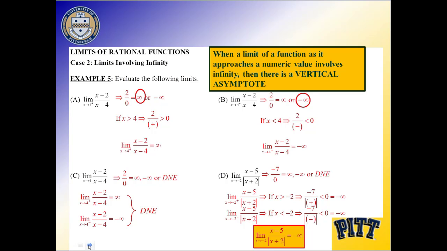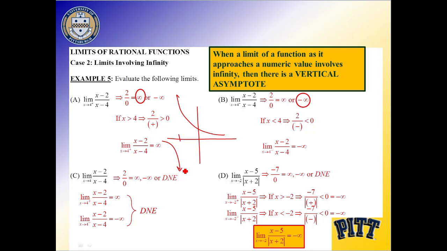The other thing that's going to happen is sometimes, like if I'm looking at A, B, and C, when this graph approaches negative 4, here's negative 4 for instance. If I approach from the right-hand side, the graph's doing something along the lines of this. When I approach from the left-hand side, the graph's going to be doing something along the lines of this.